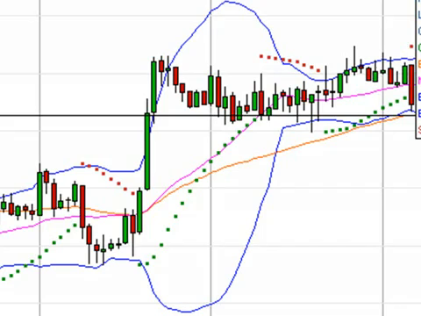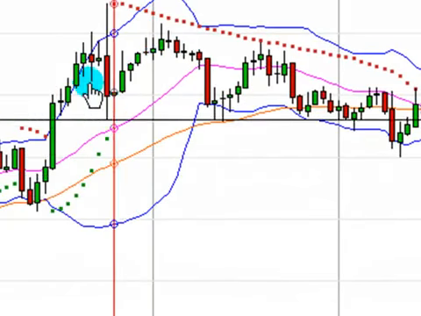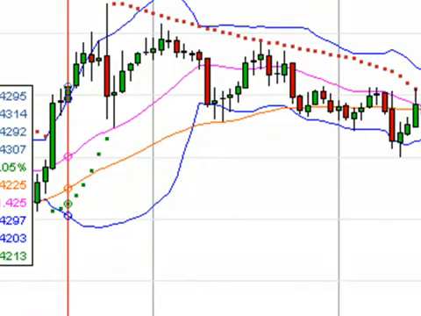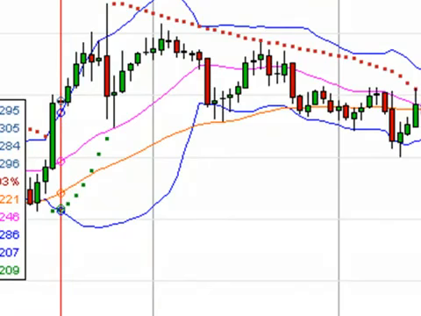So what exactly is this method? Here is a 60-minute chart of the euro and the US dollar. I use two simple moving averages, that is the 50 moving average and the 20 moving average. These are just the simple moving averages.